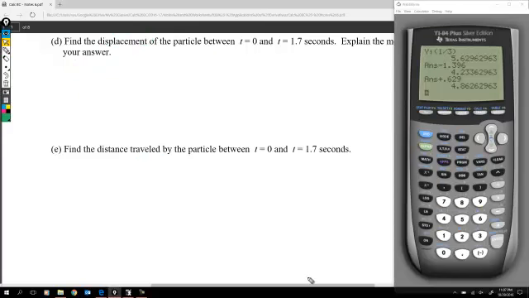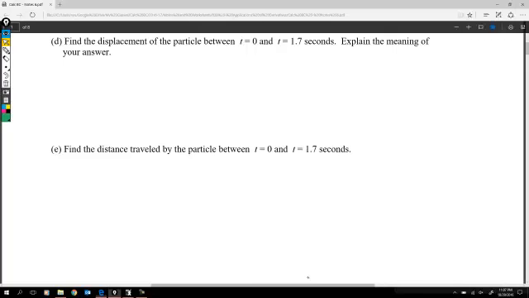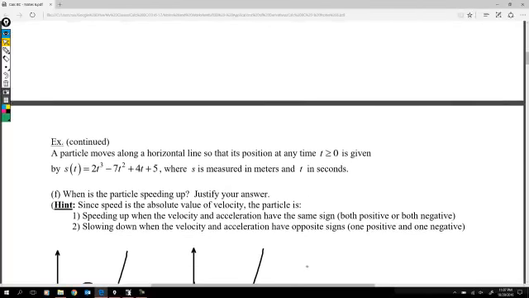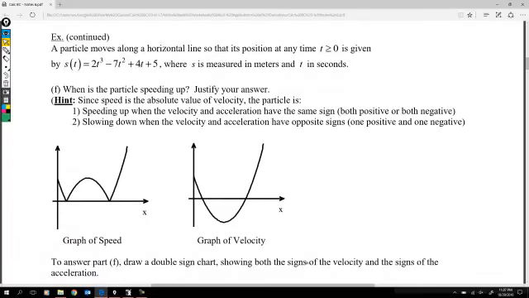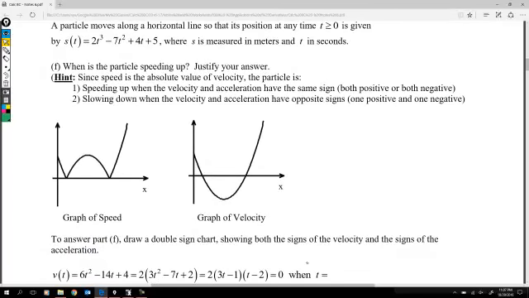Okay, let's move on. Alright, so last part, it's asking me when the particle is speeding up and when it's slowing down. And this is something that's pretty common. So when your particle is speeding up, that means your velocity and acceleration have the same sign. So that means that if your velocity is positive and your acceleration is positive, you're going faster in the positive direction.